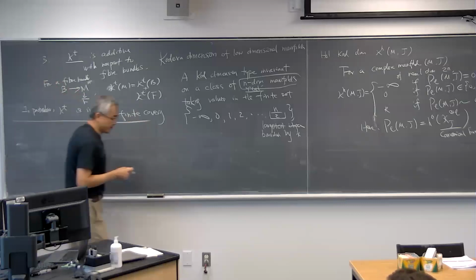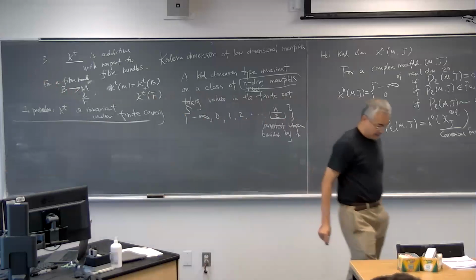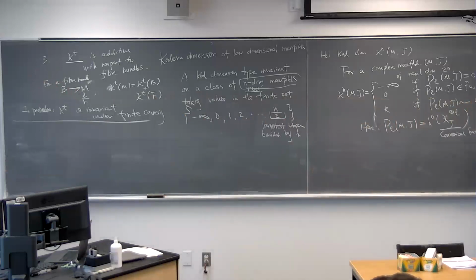by Wei. So it's additive basically because when you take the tensor product, Kodaira dimension is given by the growth of sections of the tensor powers. If you have a fiber bundle, locally it's a product, so you have a product of tensor products of the base and of the fiber.